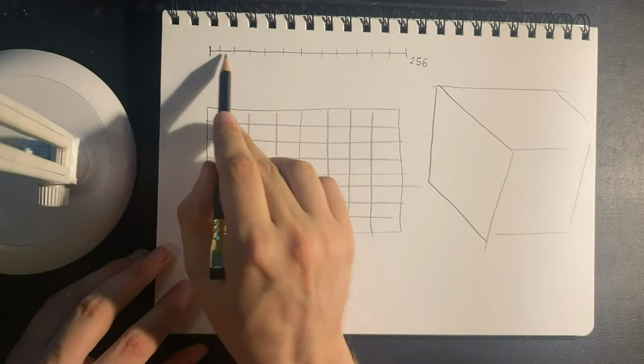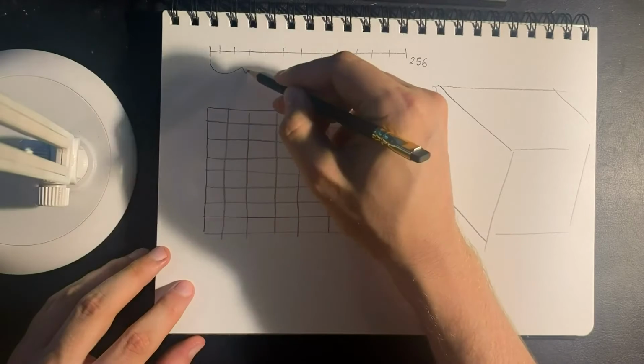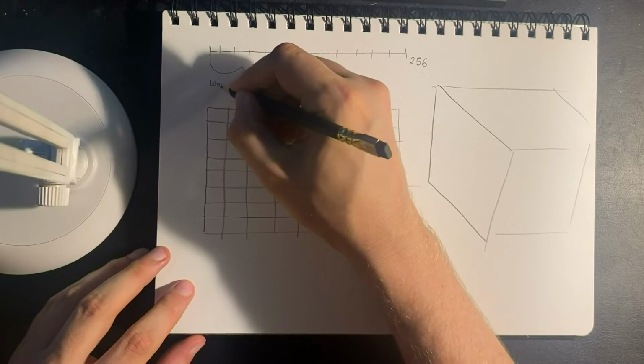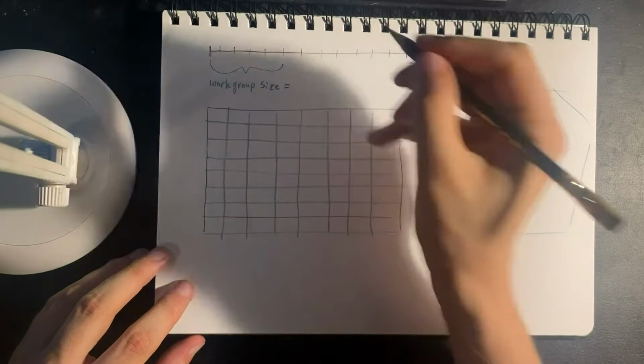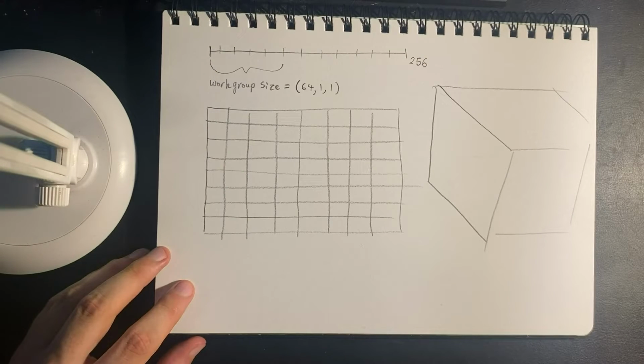And these objects are all laid out in an array, but my compute shader has what's called a work group size. So I'll just grab some of that. We'll have a work group size. Usually I go with 64, okay?